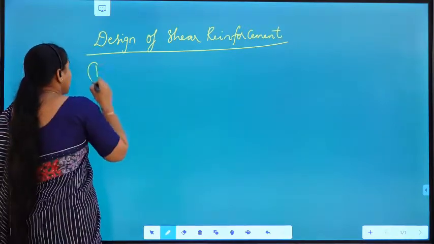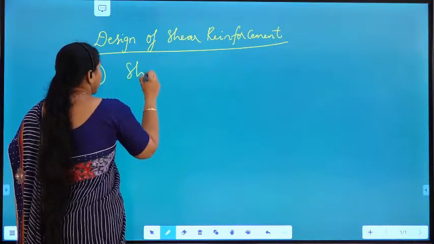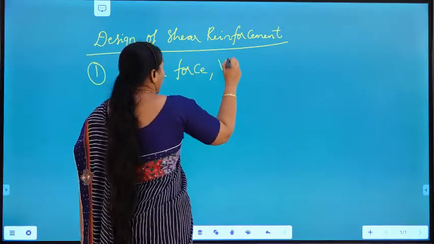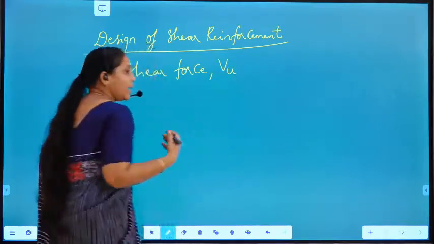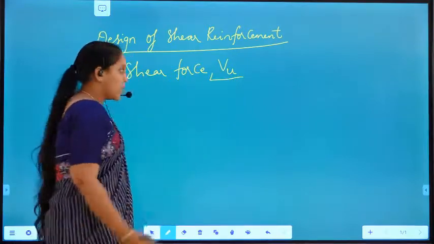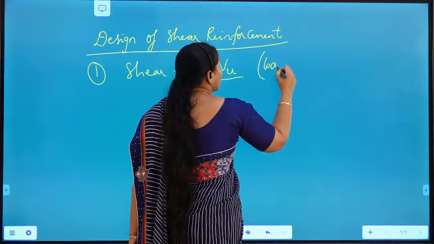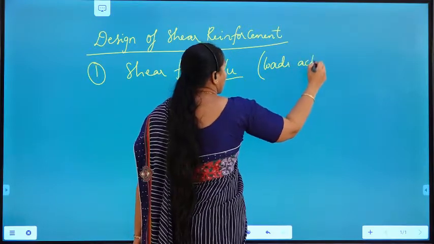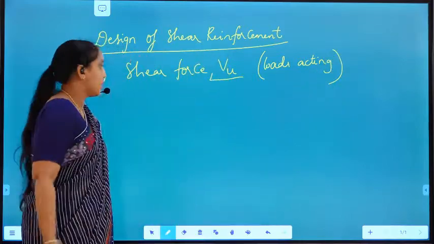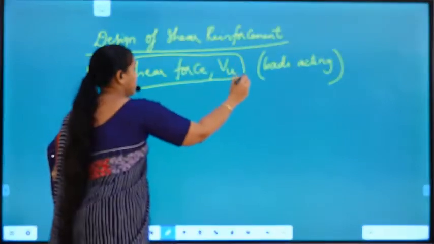The first step is to calculate the shear force Vu. Based on the loads acting on the beam at critical sections, we have to calculate the maximum shear force Vu.